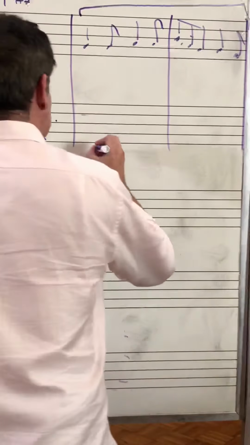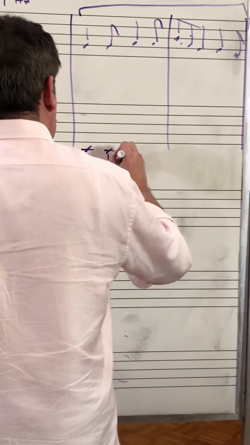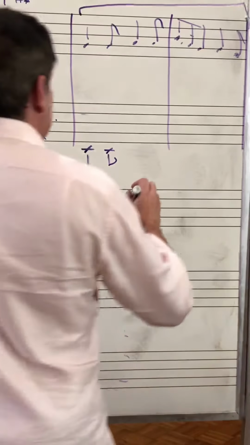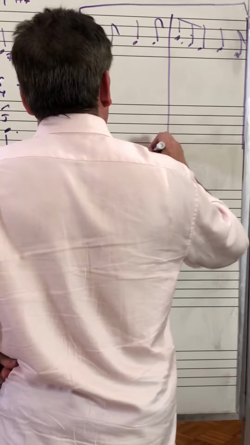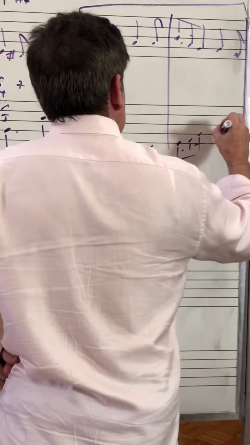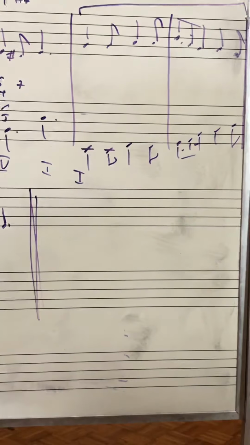We could start with a tonic anyway, but then maybe do this part up a third, if we wanted to. Or we could just do the same thing. So it's a motive, slightly altered to modulate to 3.